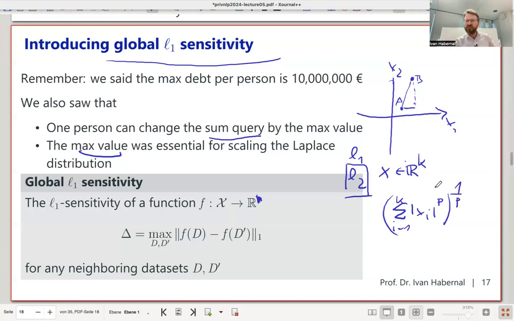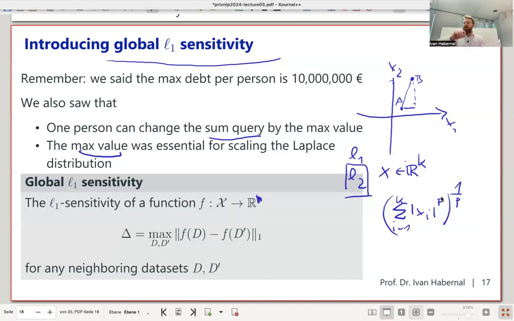If you substitute P with 1, you get just the absolute values summed up. If you substitute with 2, you get the Euclidean distance, right? Check it for yourself, this should be correct.